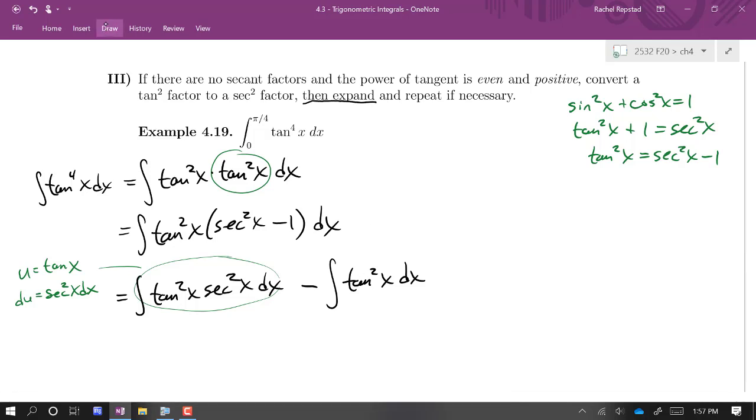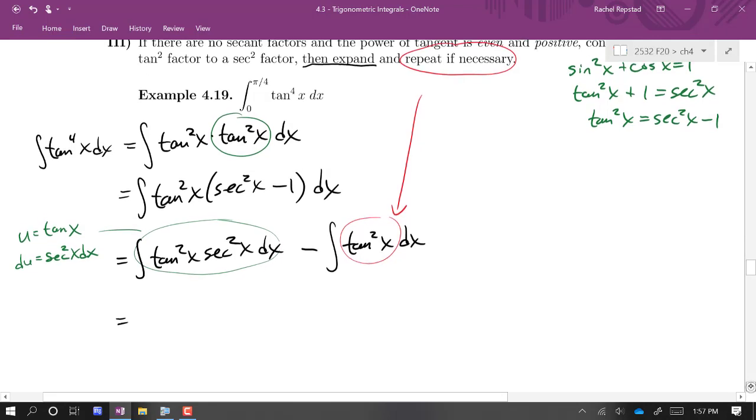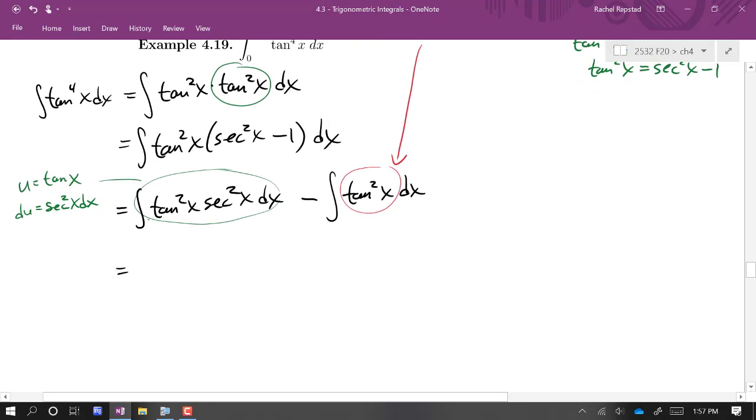The next one, though, the integral of tan squared, we're kind of back where we started. Not exactly where we started because it's not the fourth power, but it's an even power, positive power, and we have no secants. So this is where we're going to do the repeat if necessary. So I'm going to rewrite that tan squared as secant squared minus 1. So let's see, I'm going to just rewrite this all exactly as is, except I'm going to go ahead and make the u substitution in the first one.